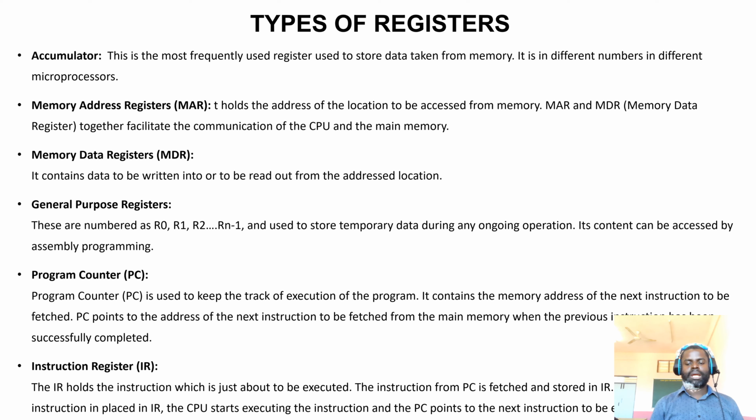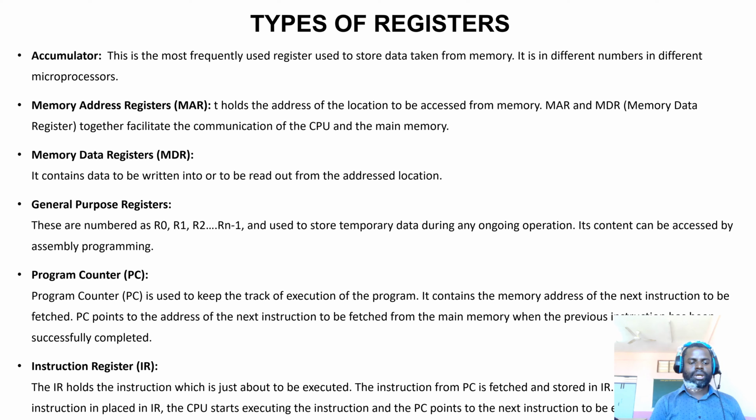For example, in our program or in our code, we have 10 lines. Just assume that we are at line number 8. So the PC or program counter register holds the address of the next code, that is the address of the 9th line of code.